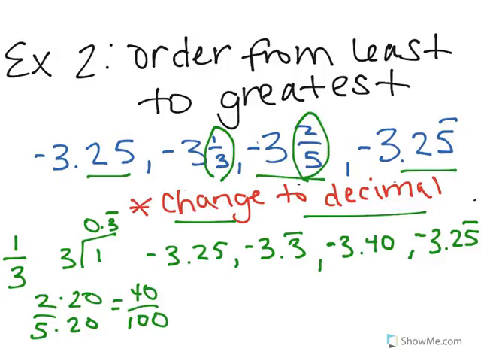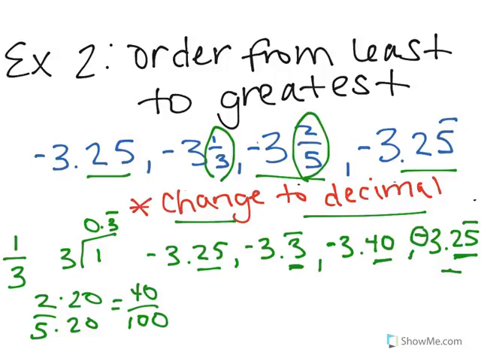Let's take the decimals and think about money that way. So we have 25 cents, 33 cents, and 40 cents. And the 33 is larger than 25 because it's 0.25 repeating, so you can think it's between 25 and 26 cents. But when thinking about negatives, remember the farther away from zero, the smaller the number gets.